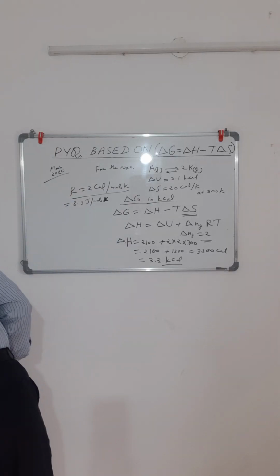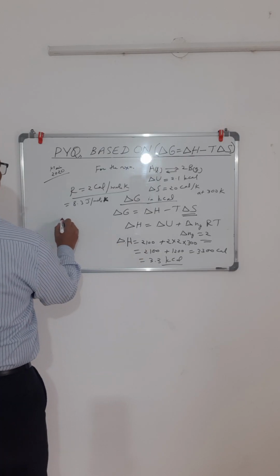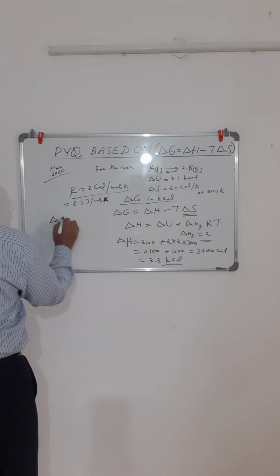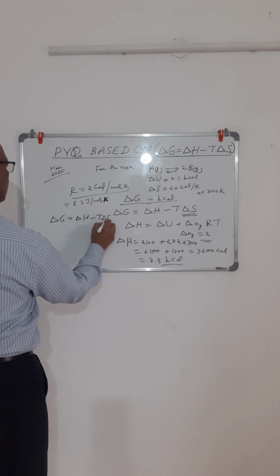What we have to find out is delta G. So this is delta H, then delta G we will find by this equation, delta G equal to delta H minus T delta S.